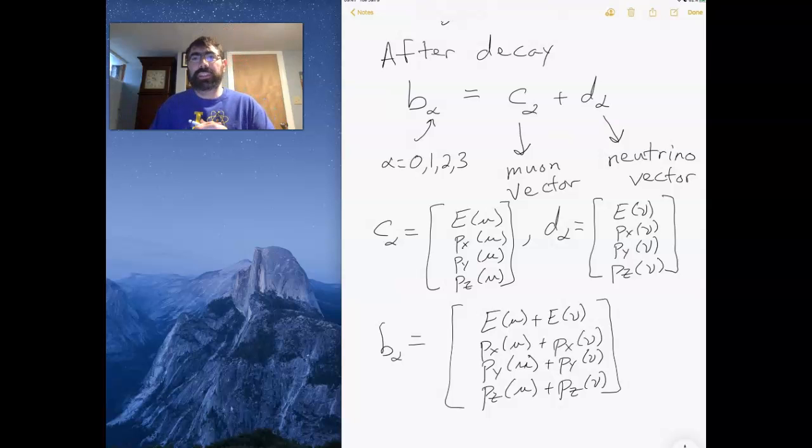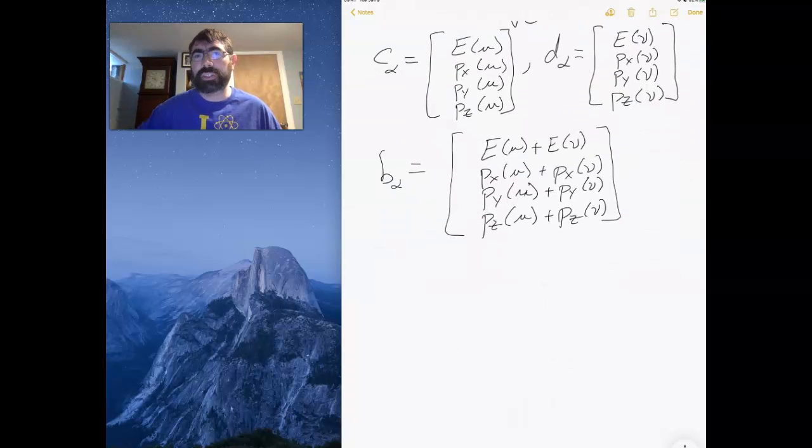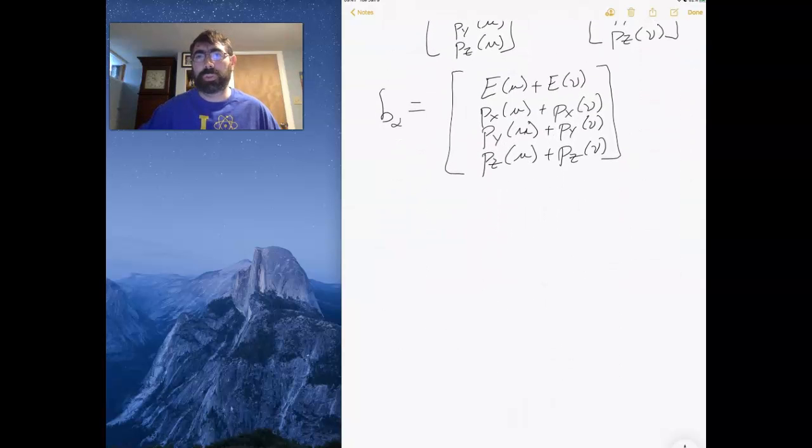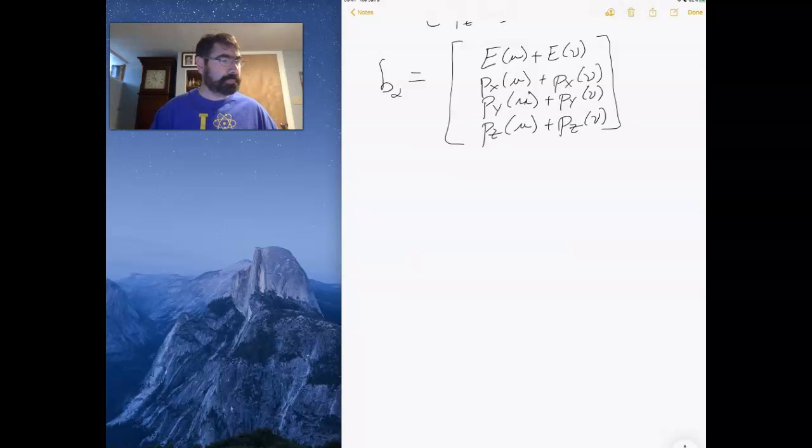So basically, when you're adding these four vectors, you add each of the four vectors up individually, just like you would if you were dealing with orthogonal components.